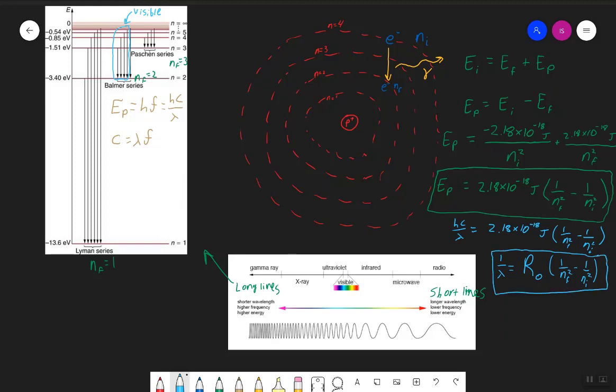It gives us 1 over wavelength, but then we can just take the reciprocal of it. And it uses this Rydberg constant. Oftentimes I've seen it written as R0, although now that I think about it, most textbooks actually use RH, so I'll switch to that.